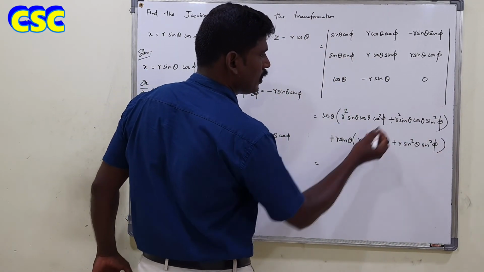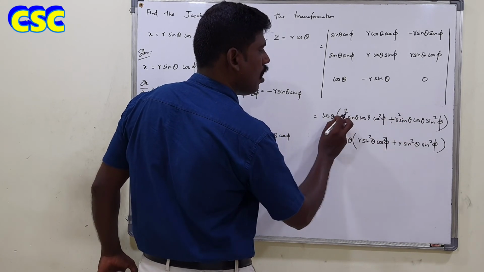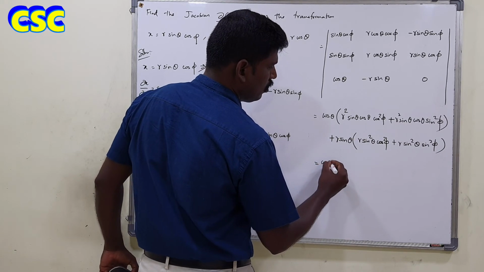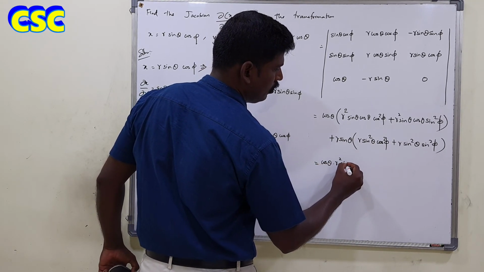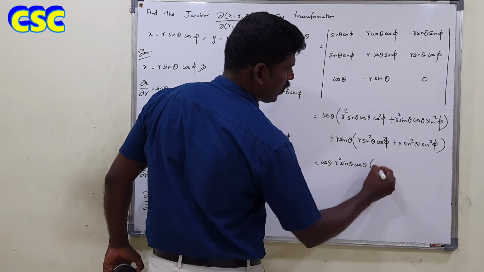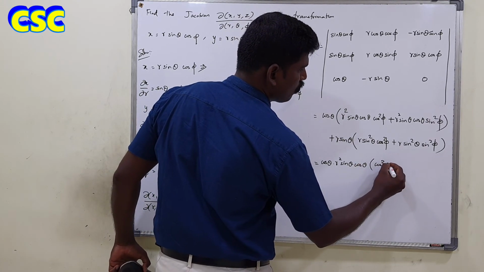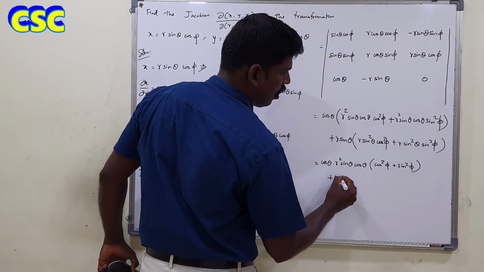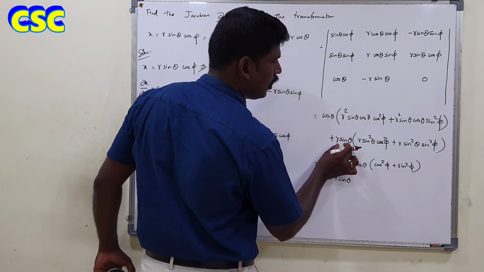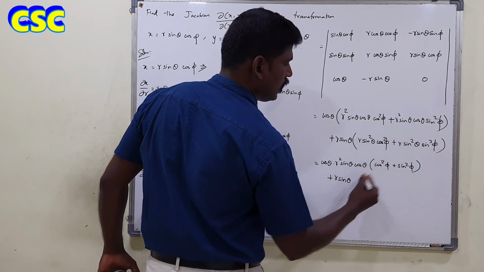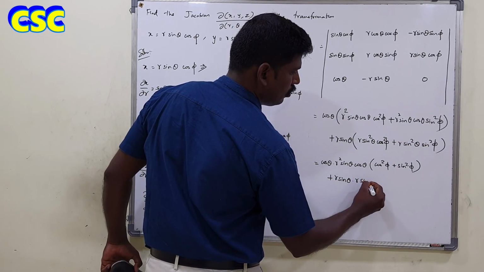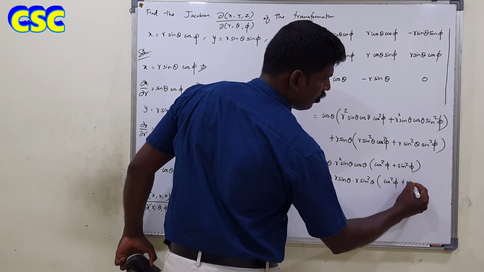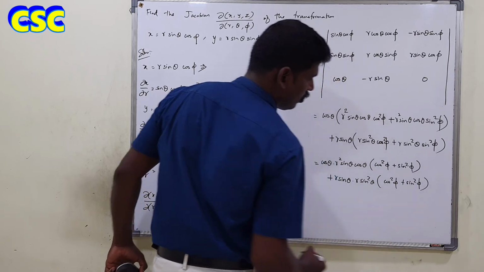What we have taken from the first two terms, r square sin theta cos theta is common. So already cos theta is in the outside. So cos theta into r square sin theta cos theta can be taken outside. So remaining cos square pi plus sin square pi, plus, already r sin theta is here, so we can take r sin square theta as common. So remaining, right?